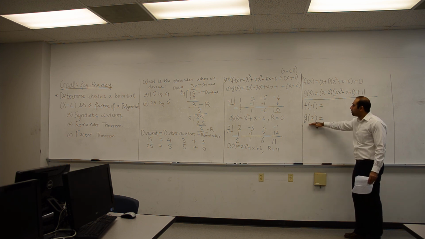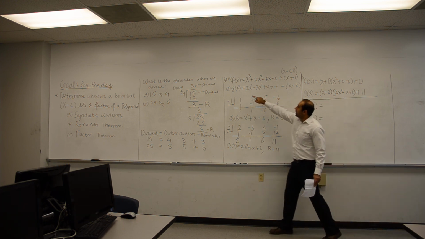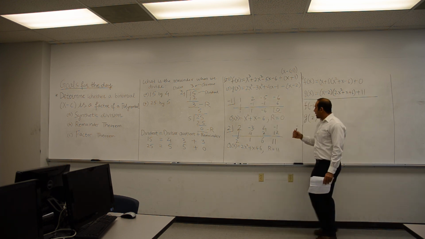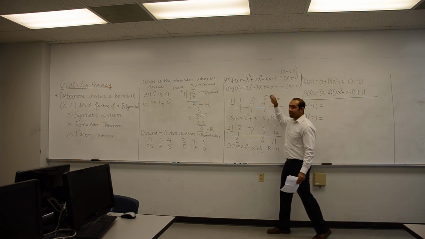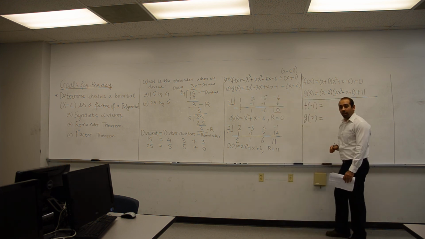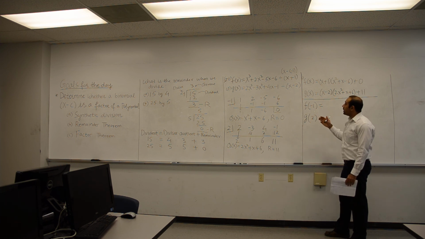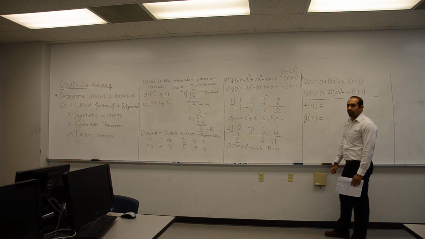Same thing for part 2. We can substitute, go back to g of x, substitute x by 2 for all the x's, and find the value of the function at 2. That would be certainly one of the ways.